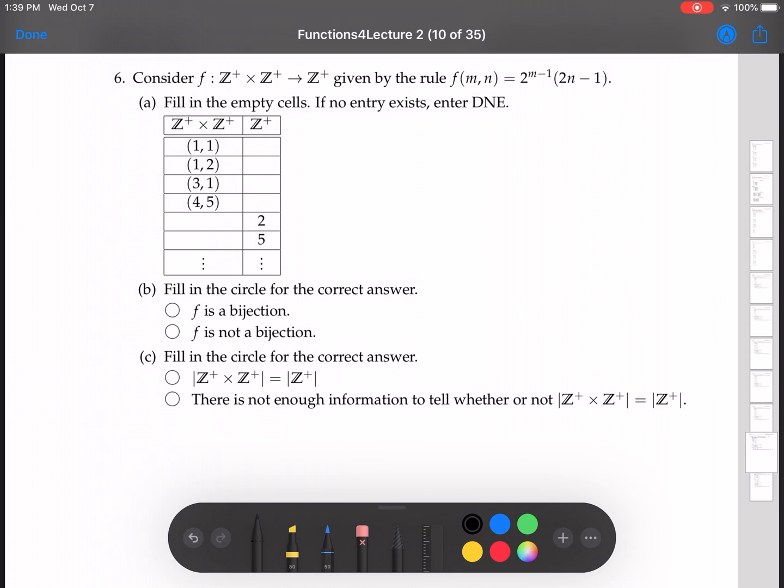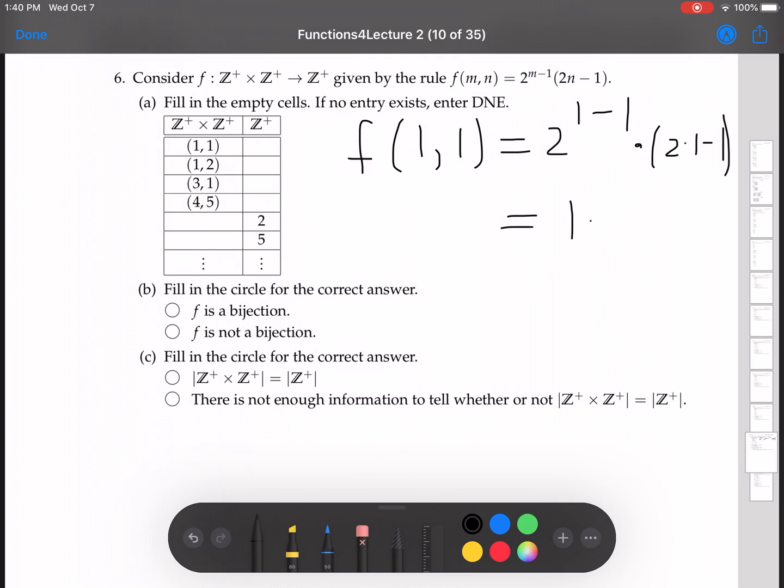All right. So let's go through, let's see, f of (1, 1). This is going to be 2 to the 1 minus 1 times 2 times 1 minus 1. So that's going to be 2 to the 0, which is 1, and 2 times 1, which is 2, minus 1 would be 1. So this will go to 1 there.